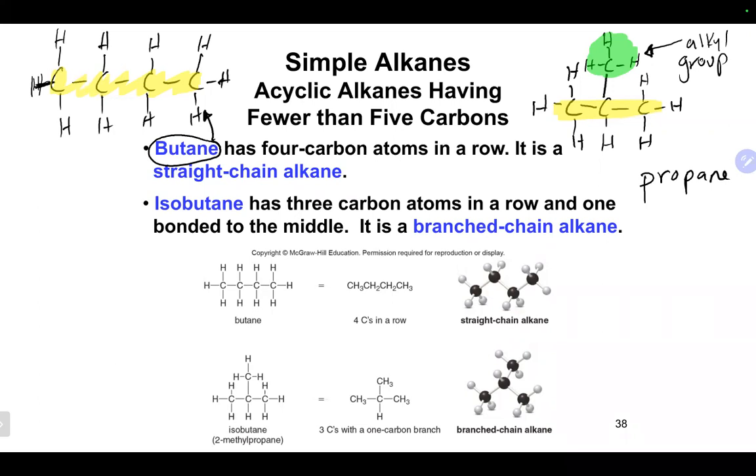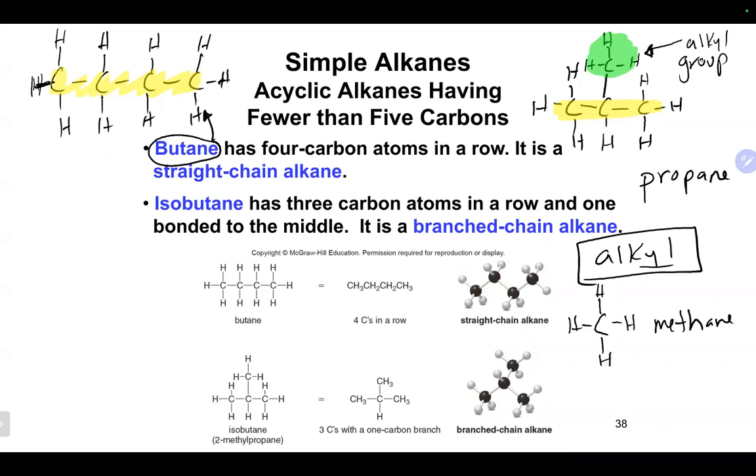It comes off kind of like a branch attached to the main chain. And because it's an alkyl group, it is really also based off of those first 10 alkanes. So if we look at that guy that's in green, it has really 1 carbon. And 1 carbon is based off of our friend methane.